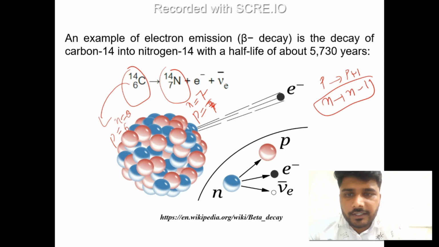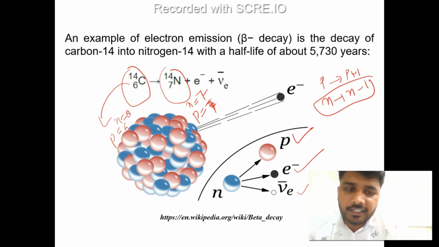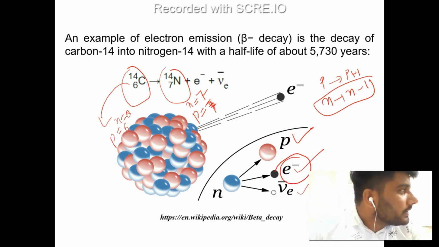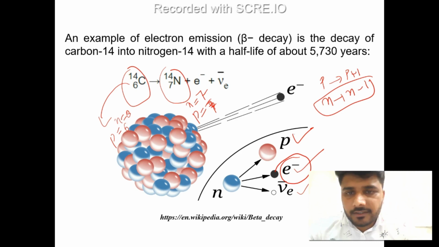That means one neutron that is reducing is converted into proton, one electron, and one antineutrino. To maintain the charge, we have just written this electron, because proton and neutron will make the charge neutral. So this is the beta decay reaction.